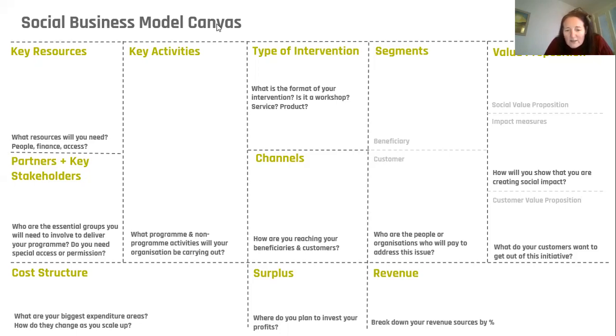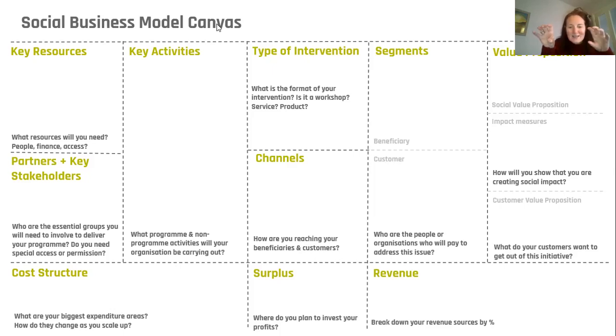And then revenue, this box here, is looking at your revenue sources. It says there, revenue sources by percentage, if you so wish. It all flows into your finances really, but often people are very interested to know how financially stable and sustainable social ventures are. So there are these golden rules of thumb that say a social enterprise should be 50 to 60% trading, or 30% trading. So are you trading?